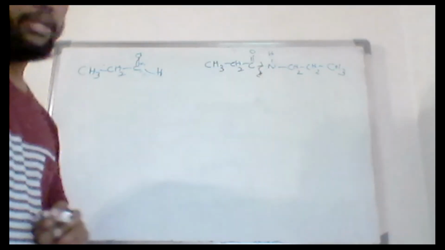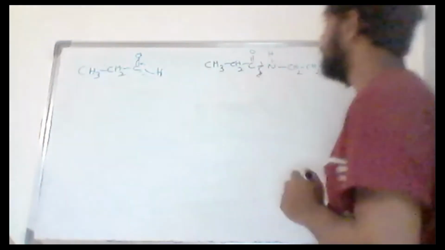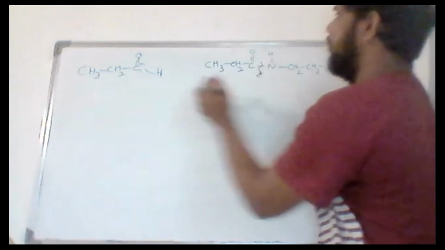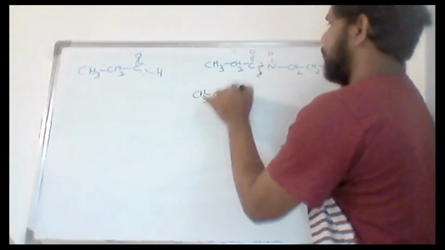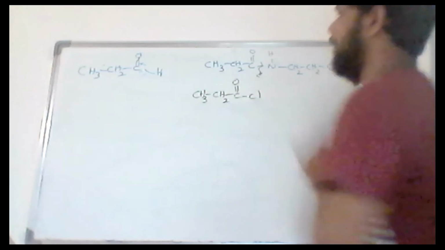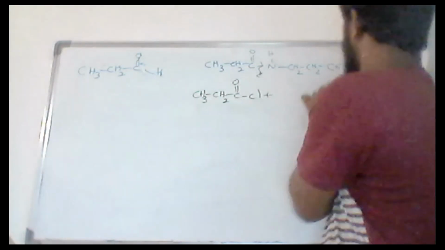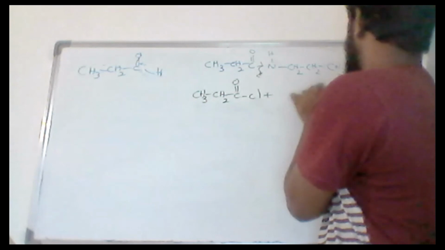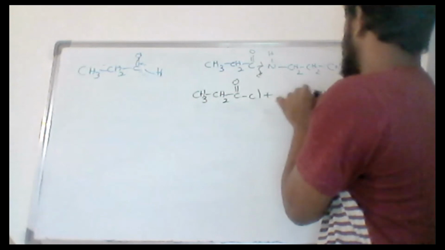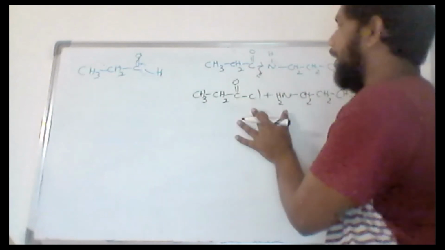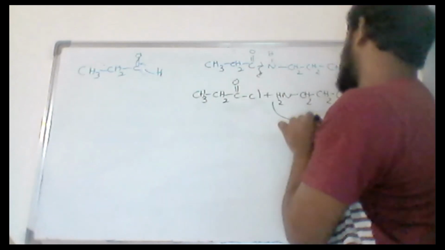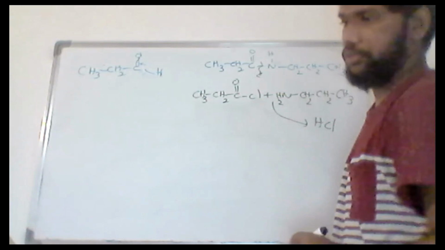Okay. I can hydrolyze. So if I hydrolyze this, I can write down this as CH3, CH2, COCl plus CH3, CH2, CH2, NH2. Because if these two react, there will be an HCl molecule that is going out.